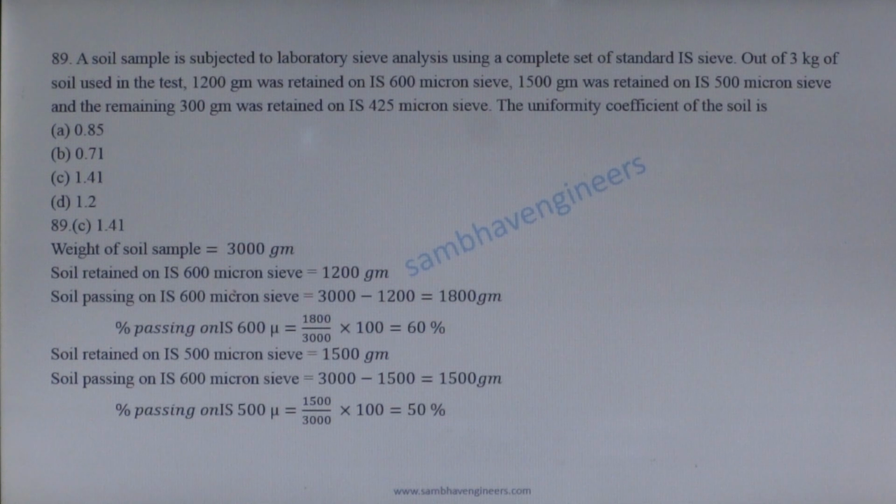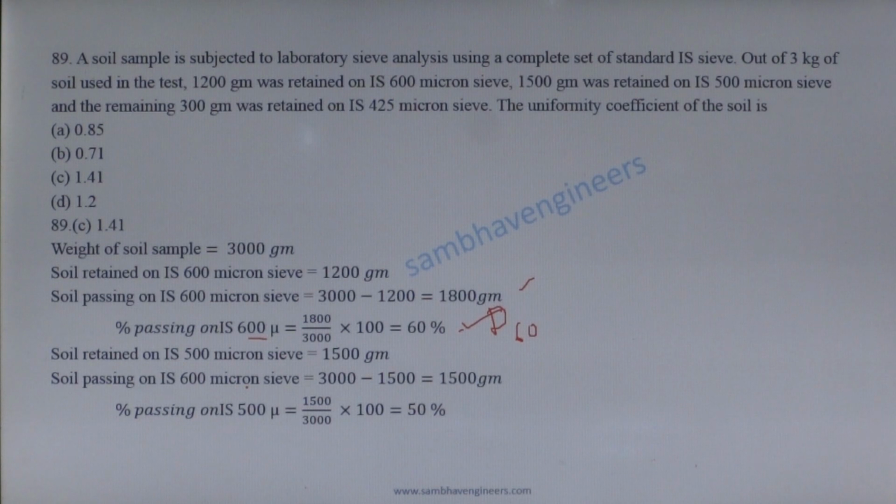Soil retained on IS 600 micron is 1200 gram. So soil passing through 600 micron sieve is equal to 1800 gram. Then soil finer than 600 micron is equal to 1800 divided by 3000, converting to percentage is 60%. This will be equal to D60.